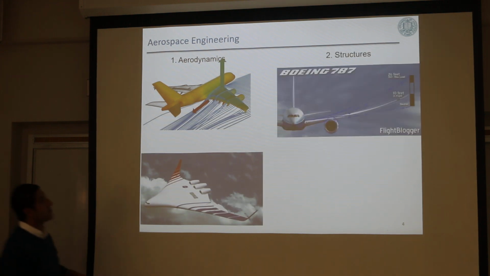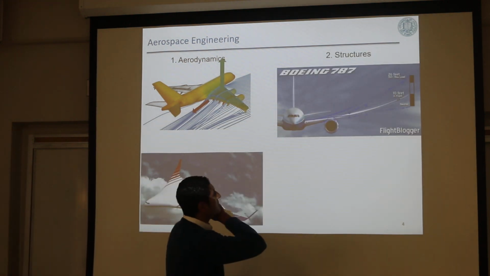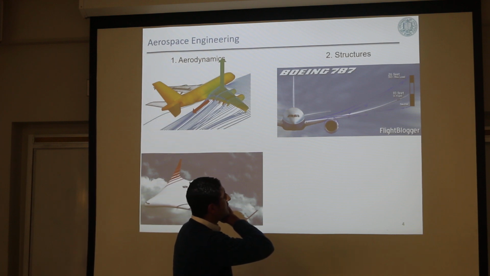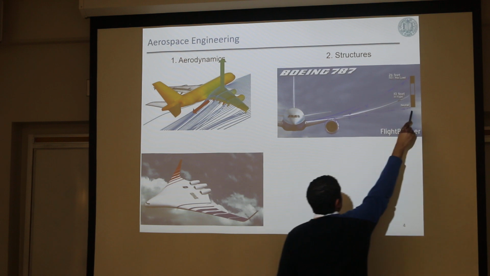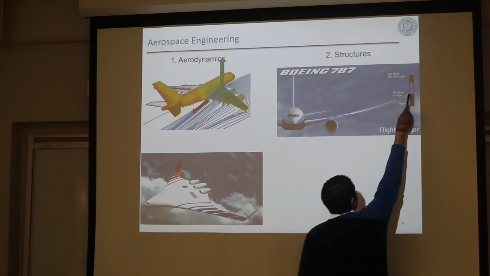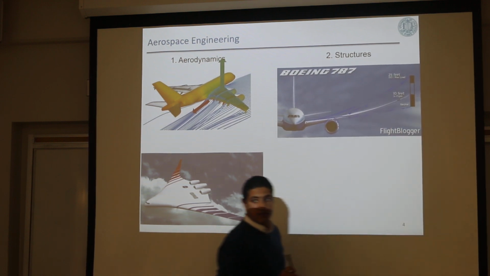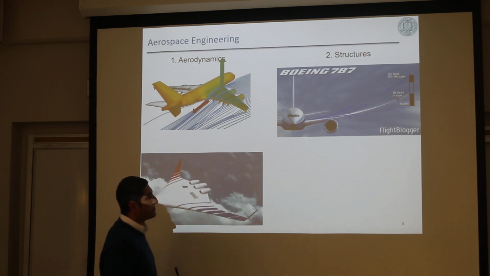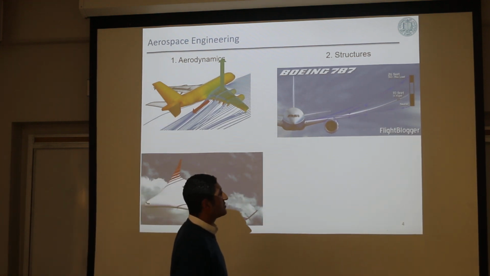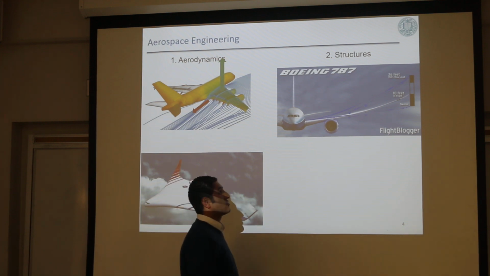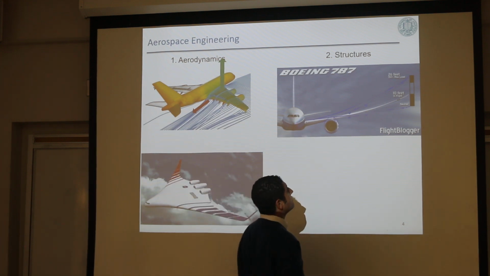You can see here, this is Boeing 787 Dreamliner. So this blue curve is the neutral shape of the wing. In flight, you have 10 feet deflection of the tip. This is a really large bend, right? It's like 3 meters, so larger than the height of this room.